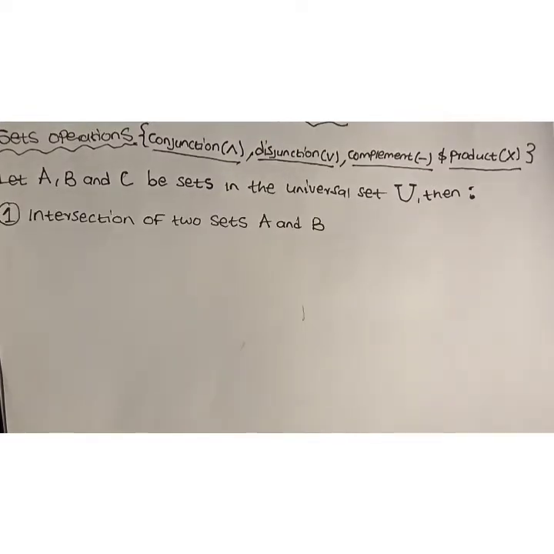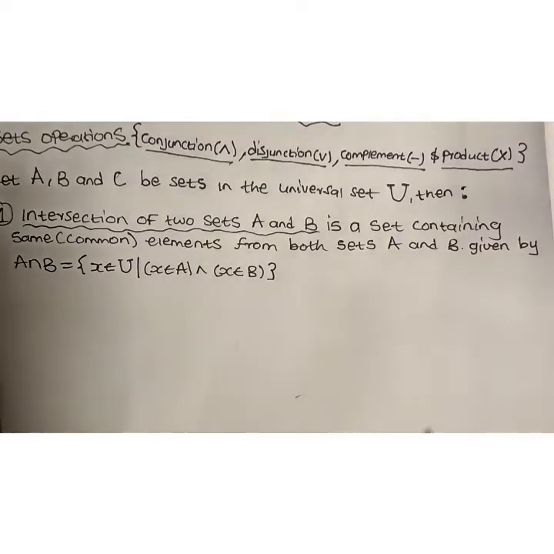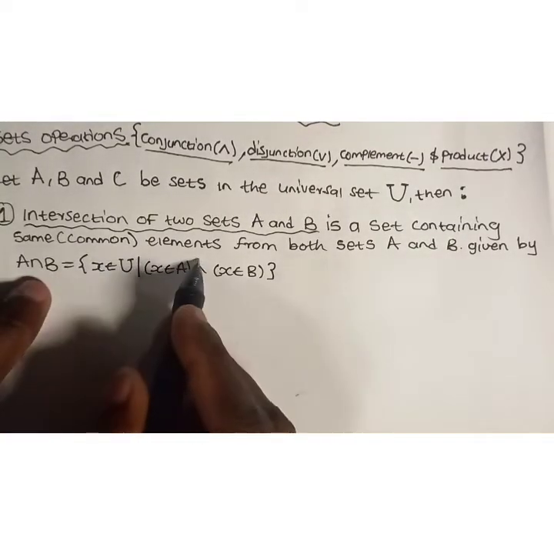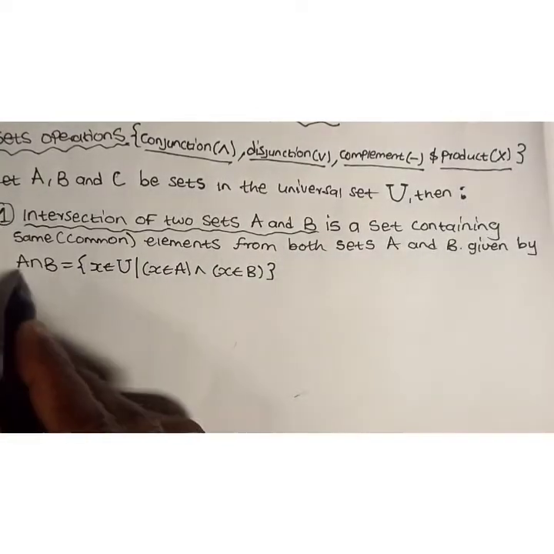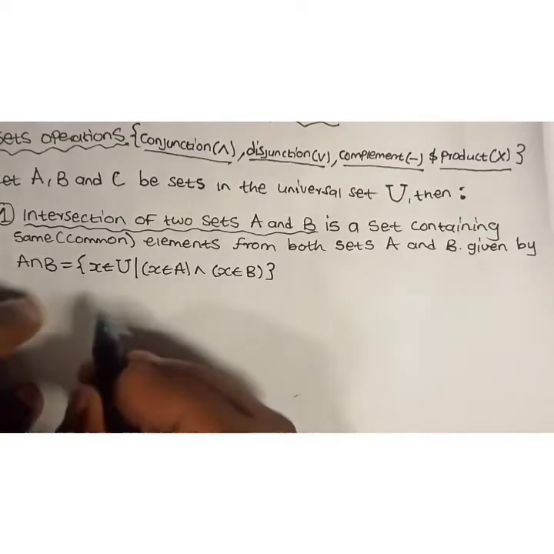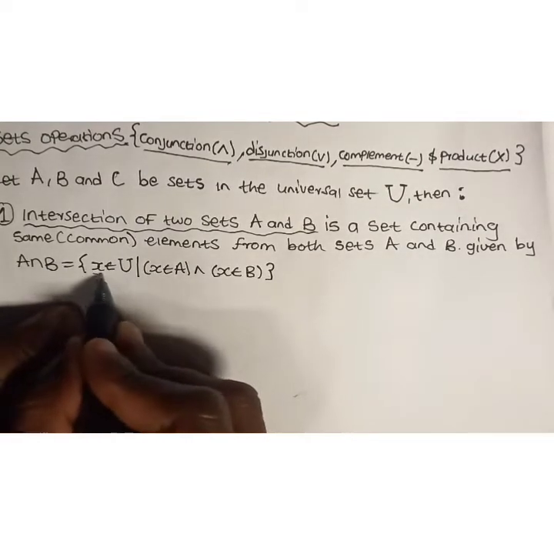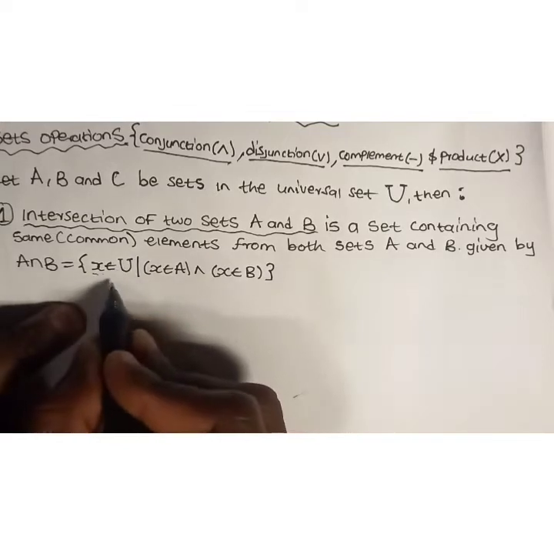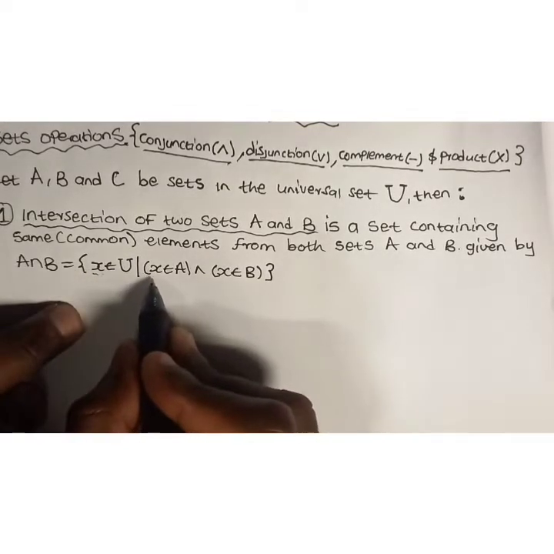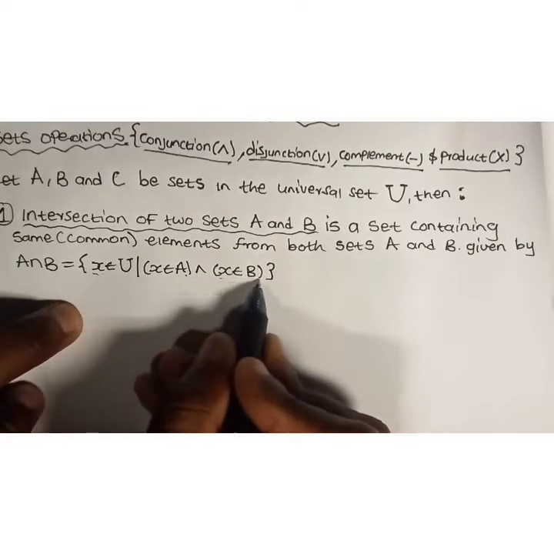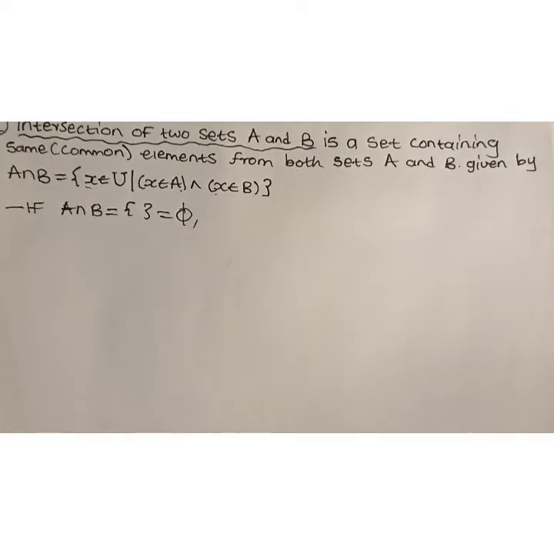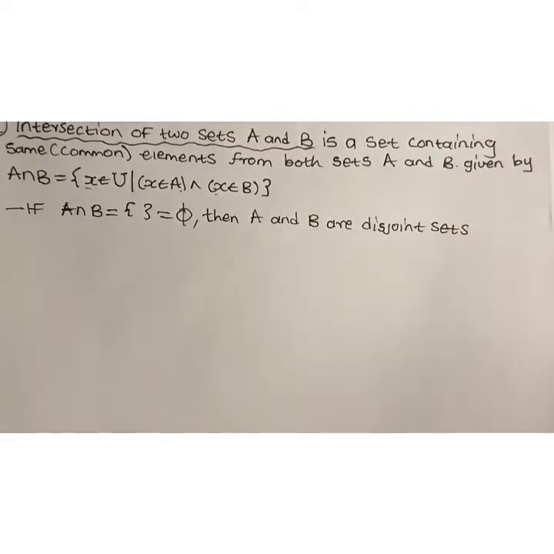Intersection of two sets A and B is a set containing same or common elements from both sets A and B. It is given by A intersect B, which is defined by X, an element of the universal set, such that X is in A and X is in B. If A intersect B is empty, then A and B are disjoint sets, meaning they have nothing in common.